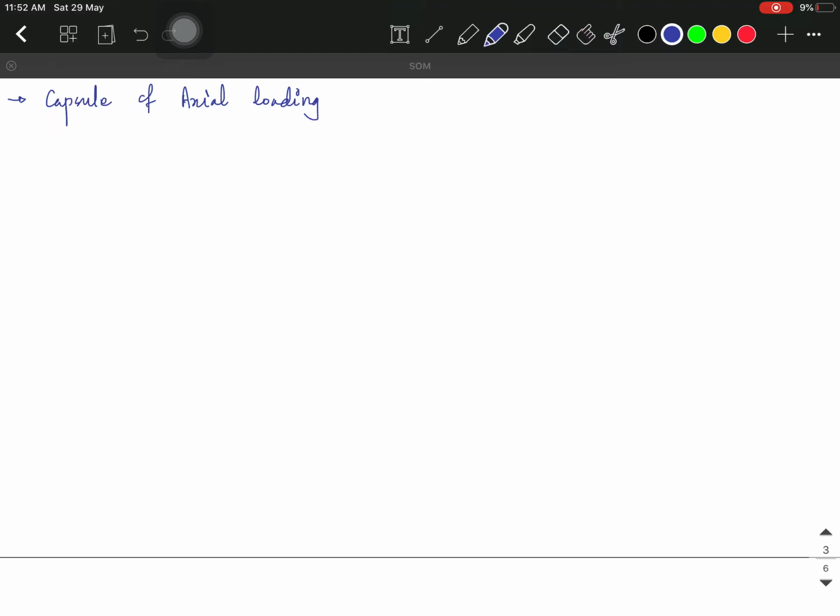From the previous lectures, we have told you that axial loading is the loading that we provide on a particular member in the normal direction, that is, normal to the cross-sectional area. Let this be some W that we apply on the normal area of this particular member, and we are applying it like this.